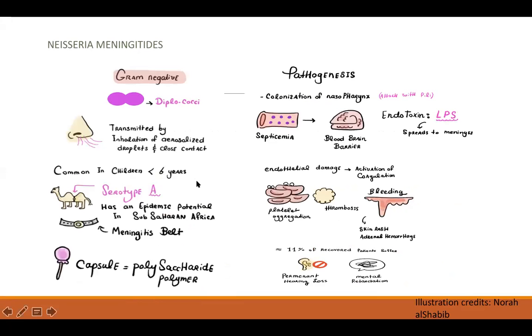طيب الحين نجي نتكلم عن each organism لحالة.